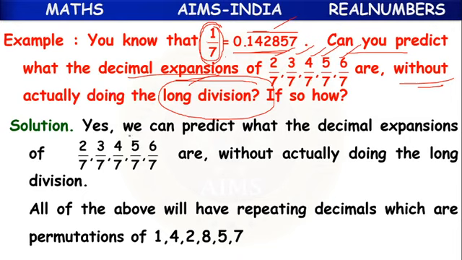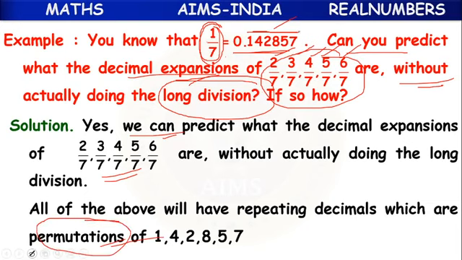We can find the decimal expansions of other equivalent rational numbers by a method using permutations and combinations of these decimal places. Because in the decimal expansion of 1 by 7, we have decimal places like 1, 4, 2, 8, 5, 7.